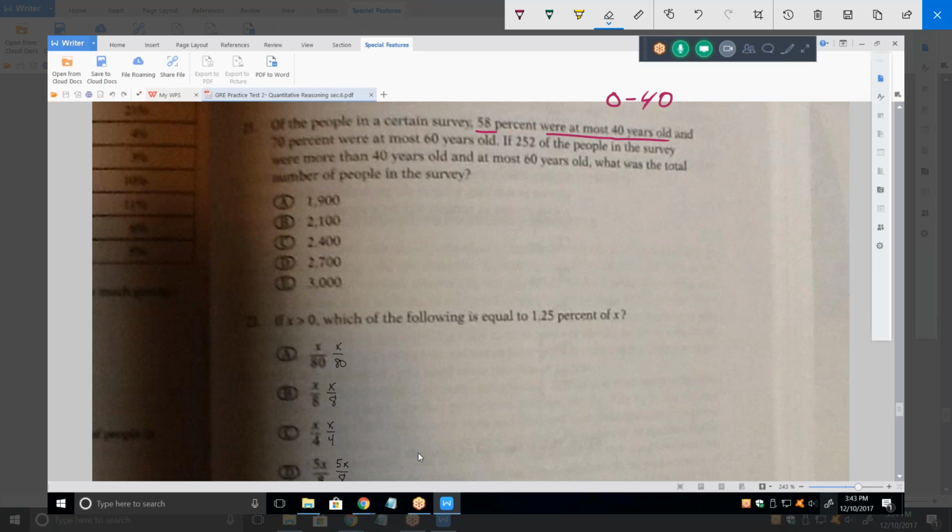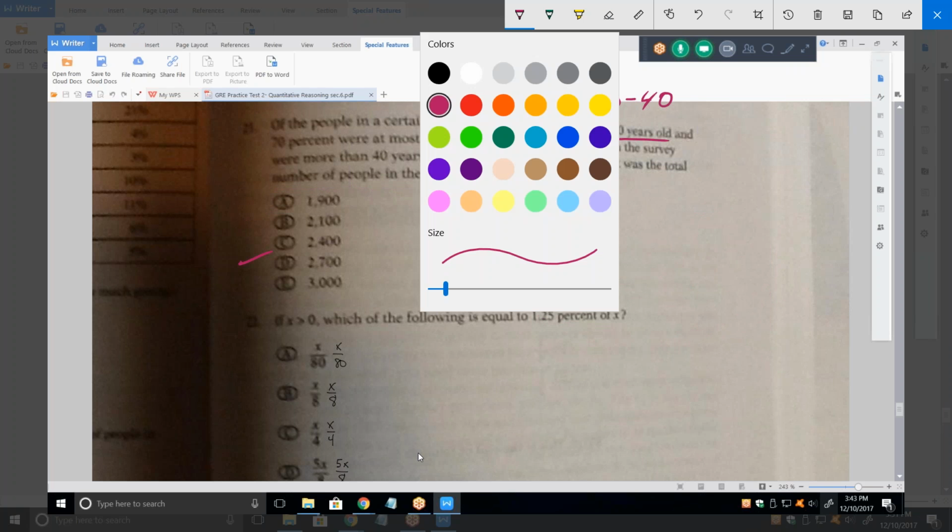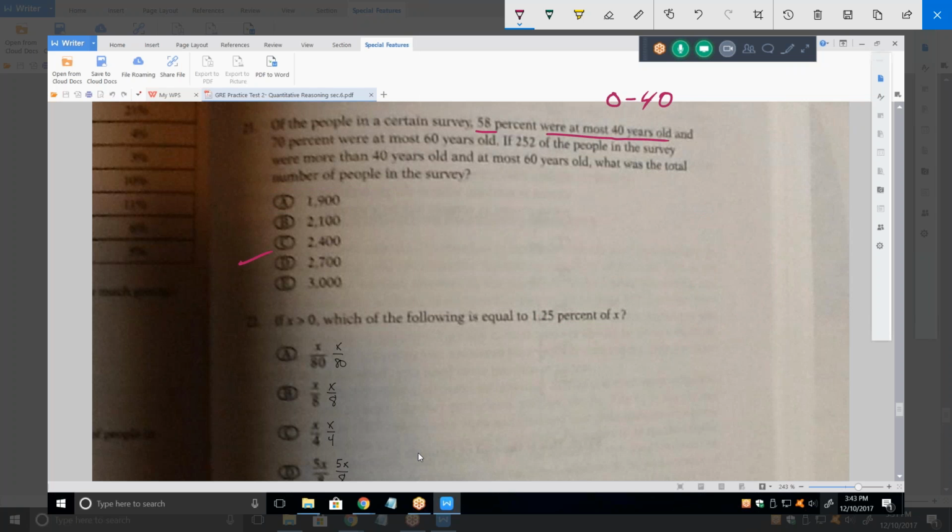So let's start with 2,700, which is equally valid to start with. Now tell me how many people are 0 to 40. Take 58% of 2,700. 1,566.